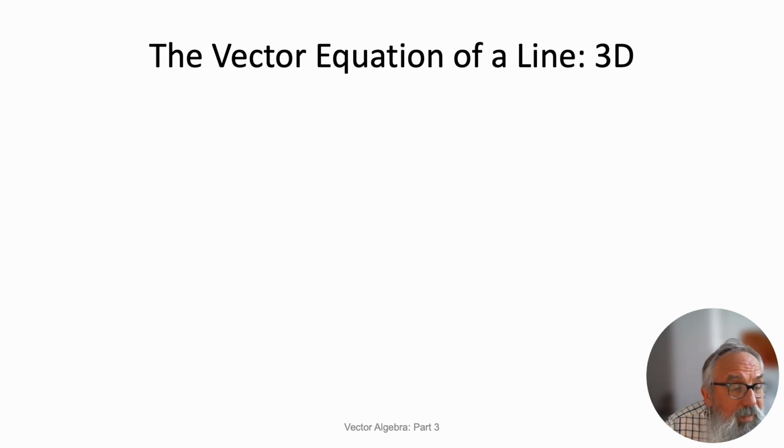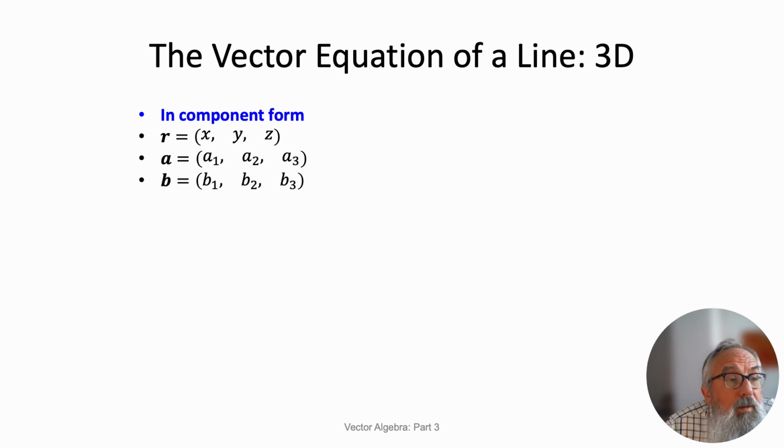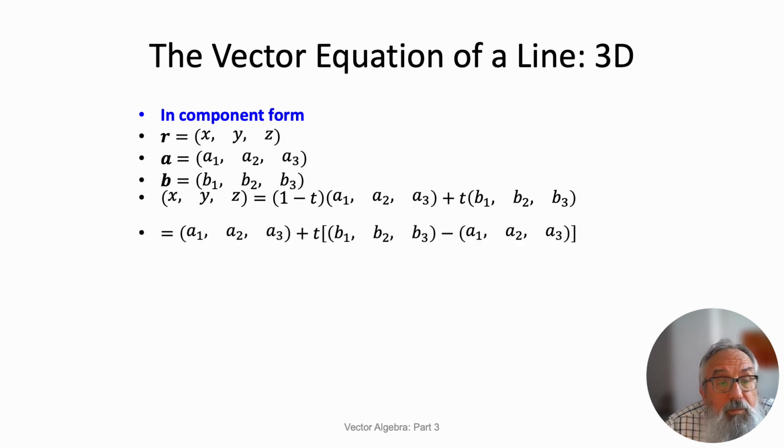Vector equation of a line in 3D, well, it's not going to be any different really. We just have 3 components to our vectors, R, A and B. X, Y, Z will be (1 minus t)A plus tB, which can be rearranged however we want, like so.